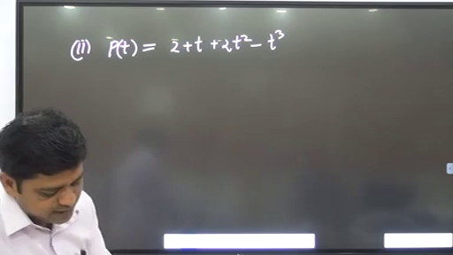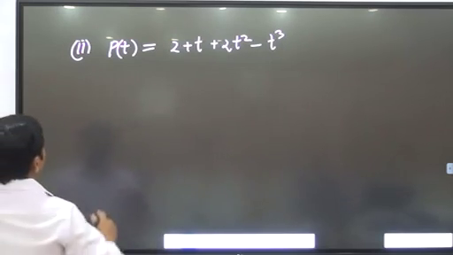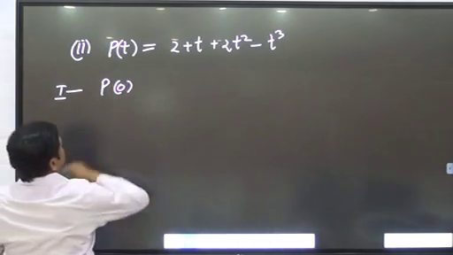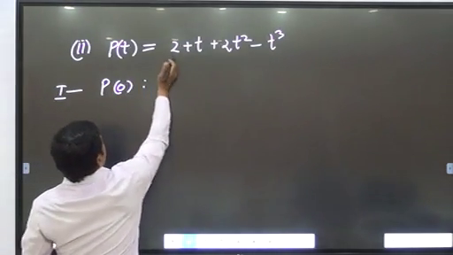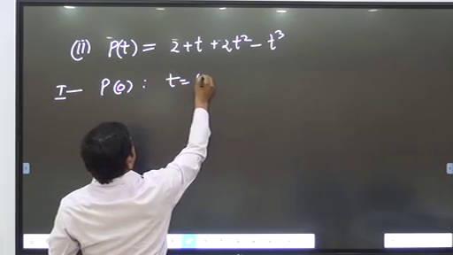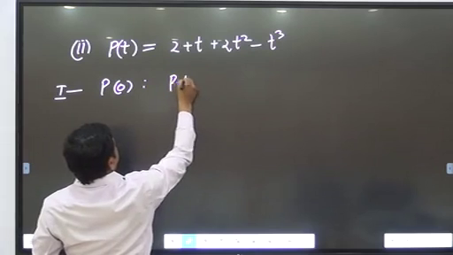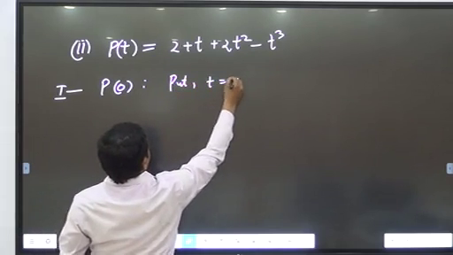So same, p(0), p(1), p(2). So first p(0). So t is equal to 0. Put t equal to 0.